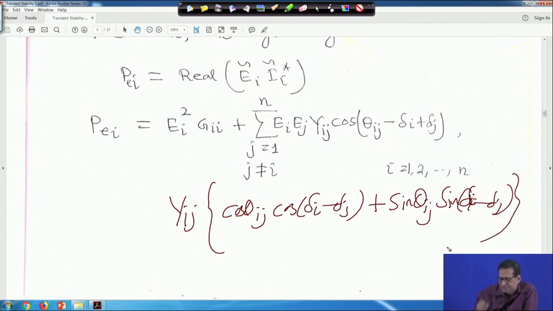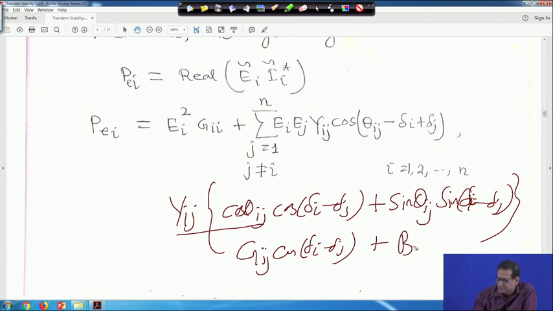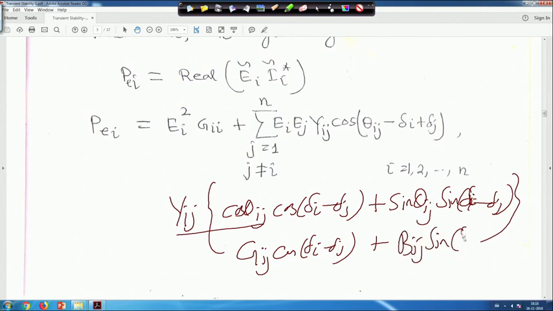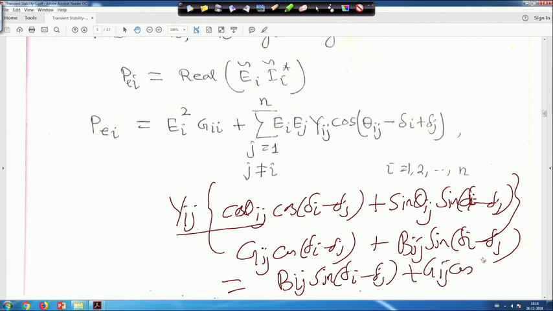So y ij cos theta ij will be your g ij into cos delta i minus delta j, and y ij sin theta ij is b ij, so b ij sin delta i minus delta j plus g ij cosine delta i minus delta j, the term we have written there.